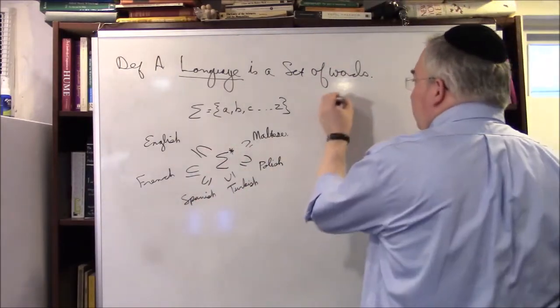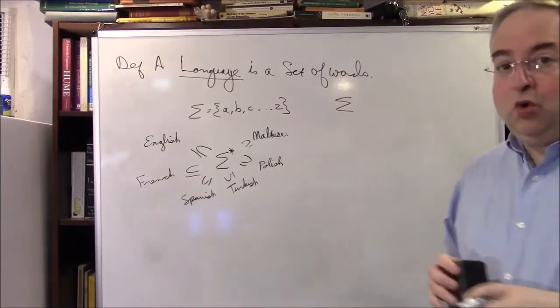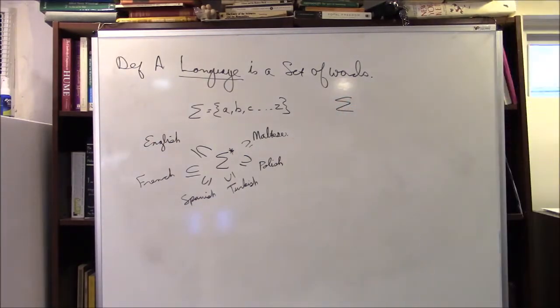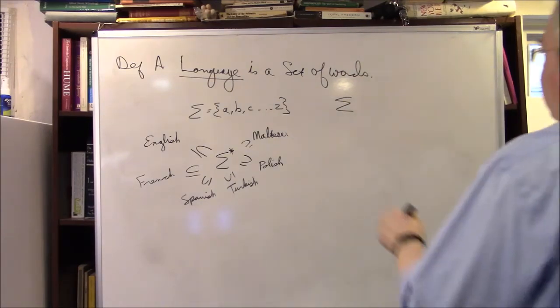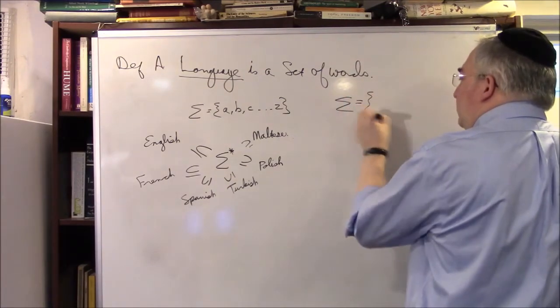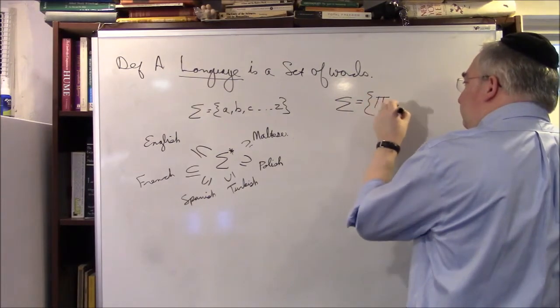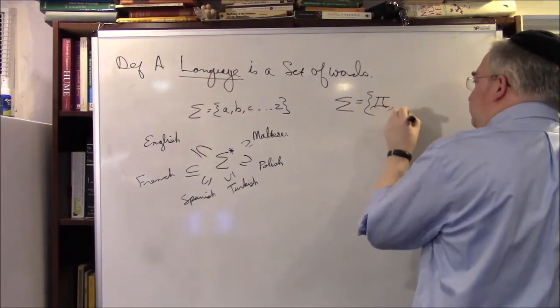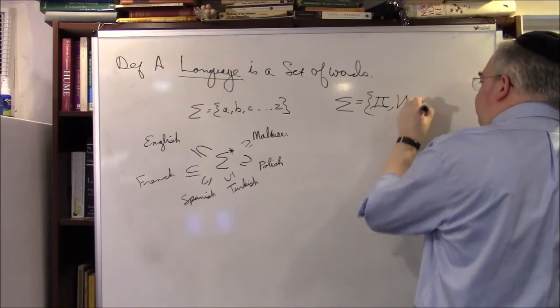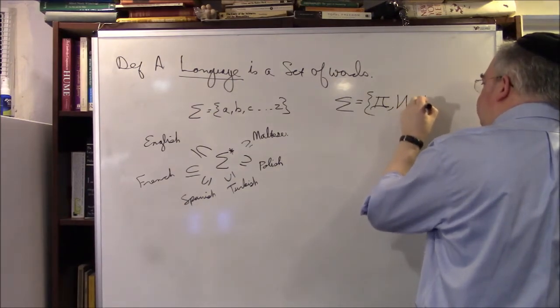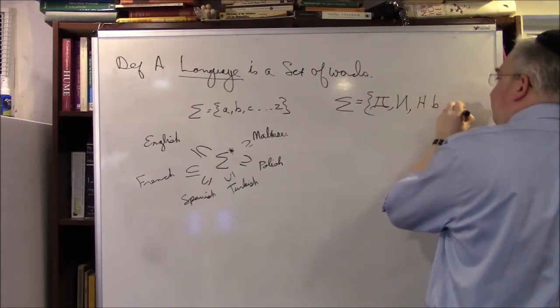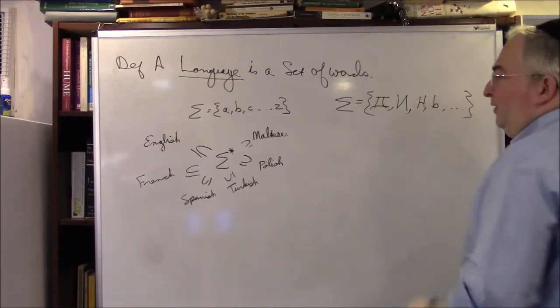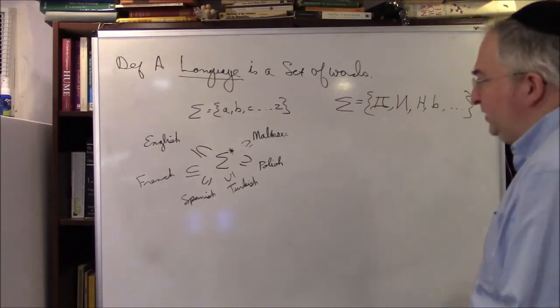That's a nice example. If we want to talk about Cyrillic, that's another alphabet. Russian is an example. I don't know Russian letters, but basically that's it.